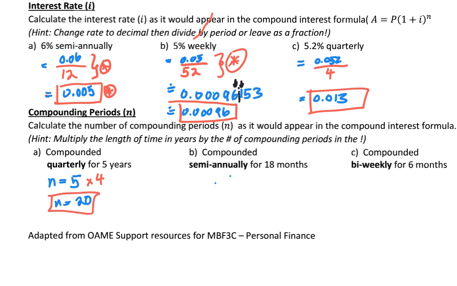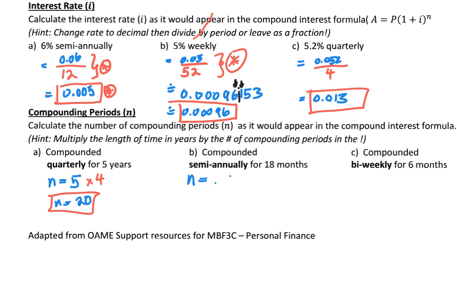Now, for this other time period, we have something that's compounded semi-annually for 18 months. What you want to do is say n is equal to, all right, 18 months. Semi-annually means half a year.